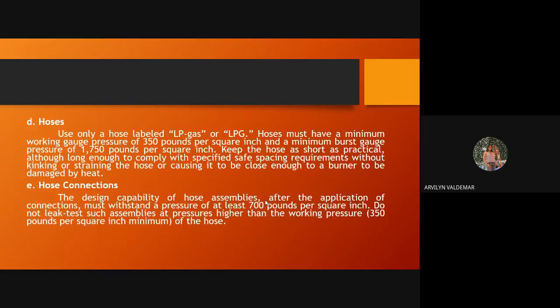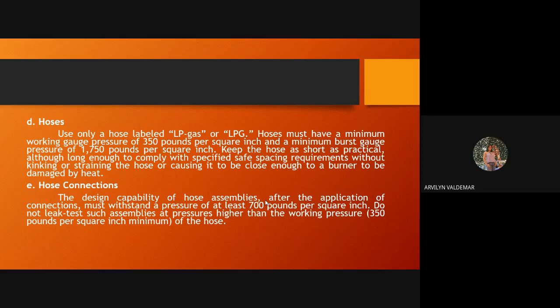For hoses, use only a hose labeled LP gas or LPG. Hoses must have a minimum working gauge pressure of 100 pounds per square inch and a minimum burst gauge pressure of 1,750 pounds per square inch, keeping the hose as short as practical.